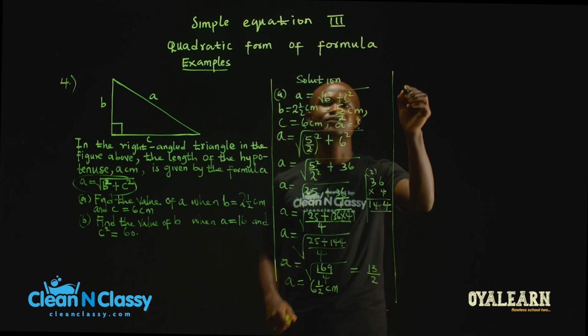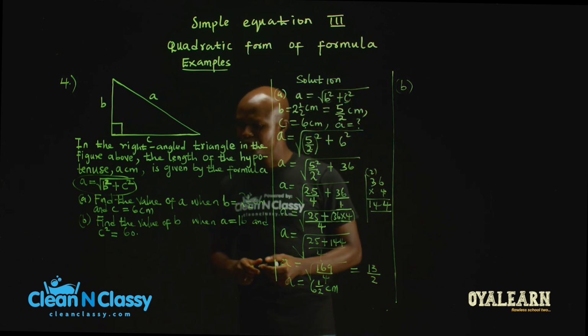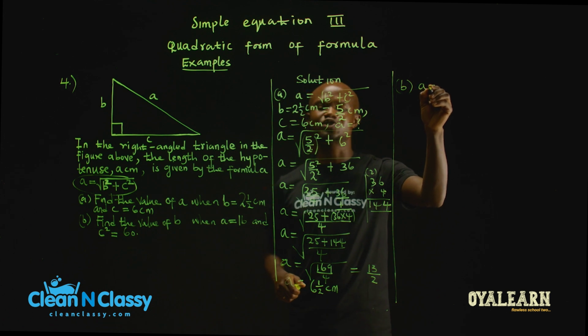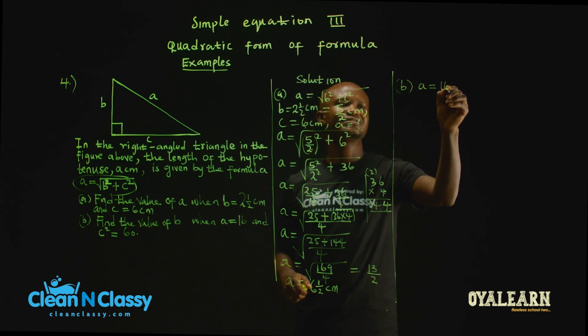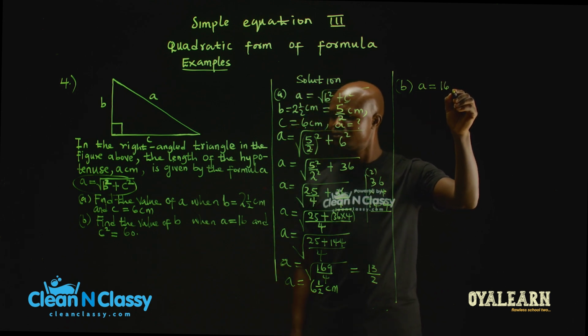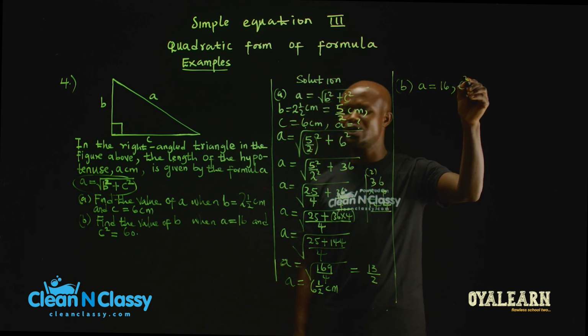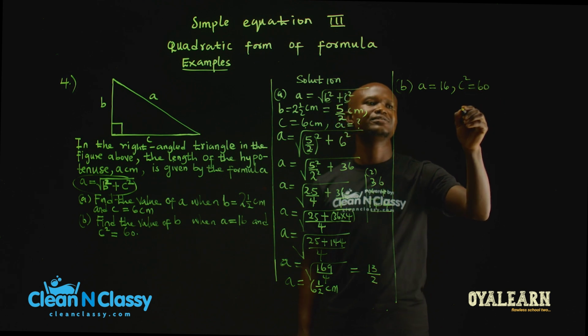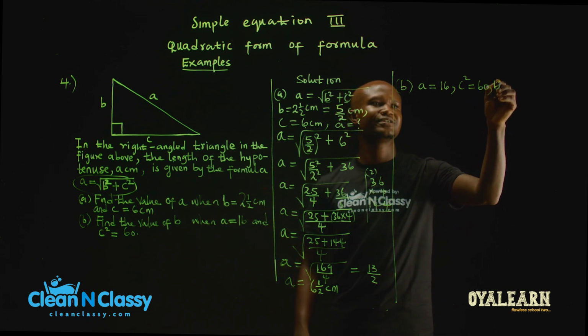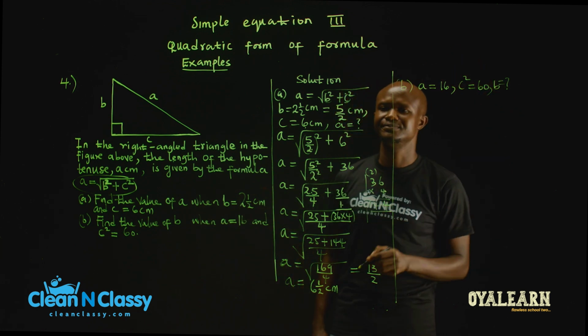Now let's solve the second part. Find the value of b when we're given a to be equal to 16, and we're also given c squared equals 60. And we are asked to find the value of b.